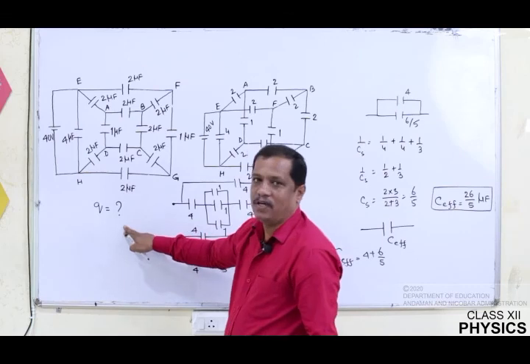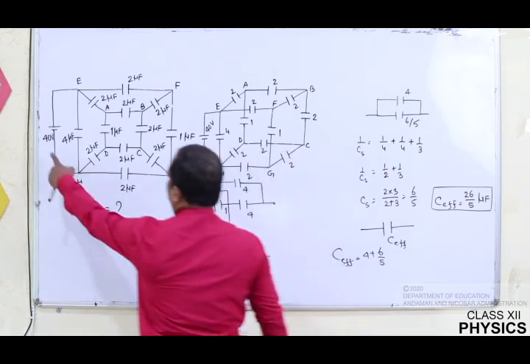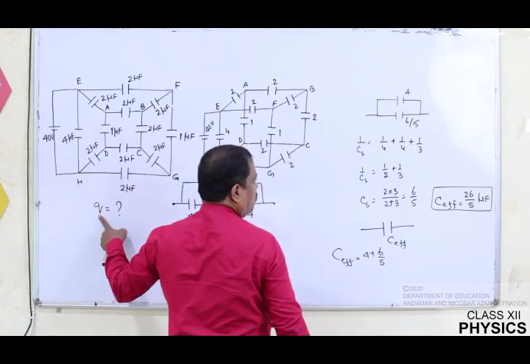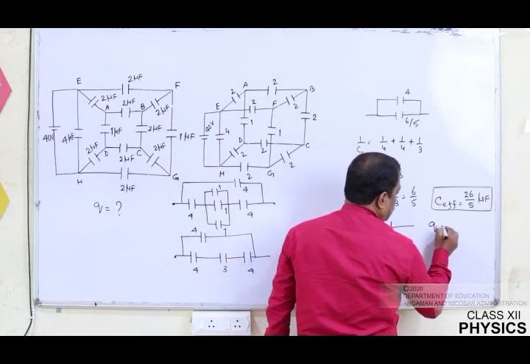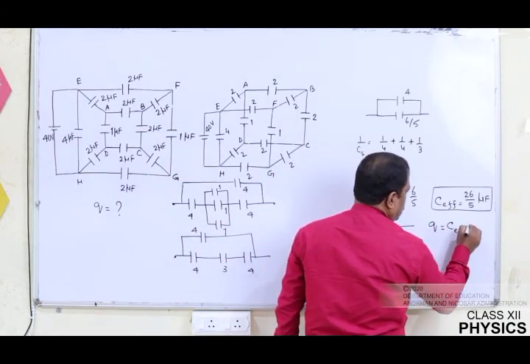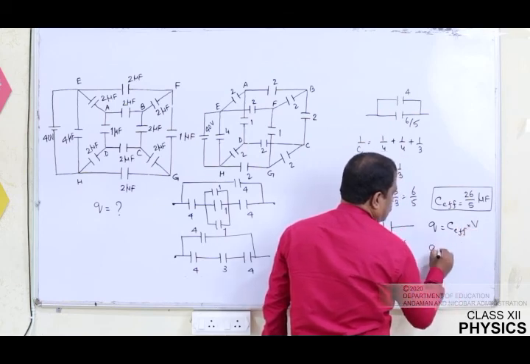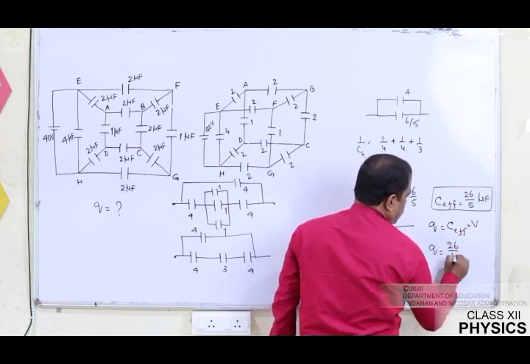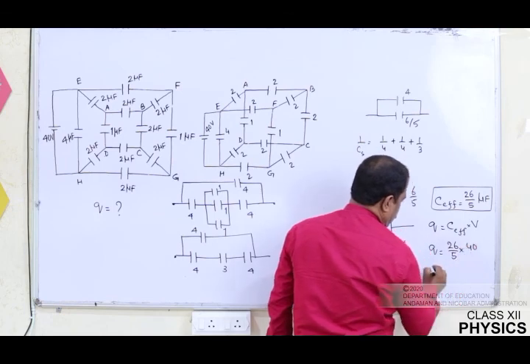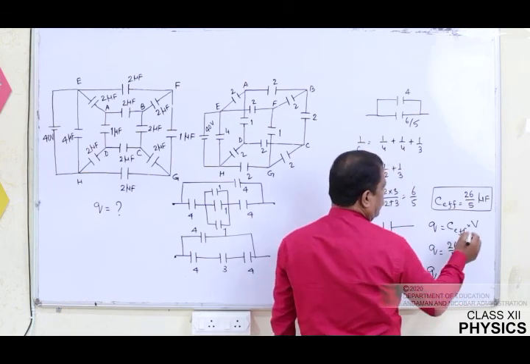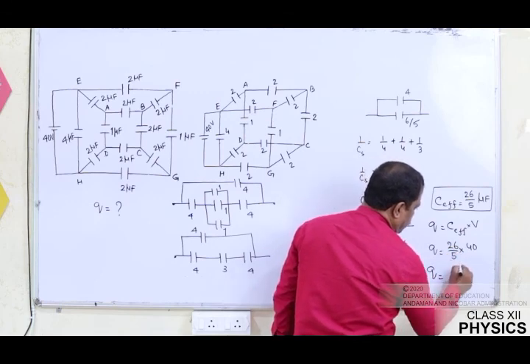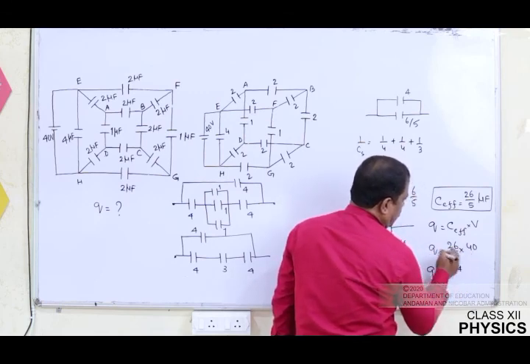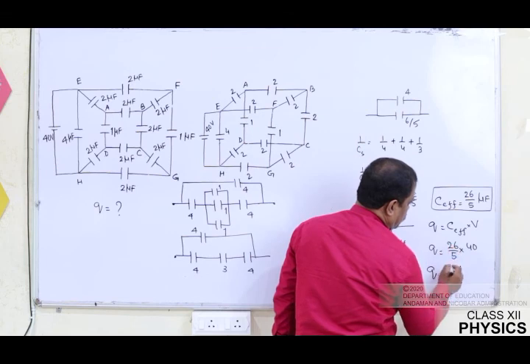However, I want to calculate what is charge. So I know, see, V is given, Q I have to calculate, C effective I know. So the relation Q is equal to C effective into V. So Q is equal to 26 by 5 into 40, this will be microcoulomb. So 4 6 are 24, 4 2s are 8, plus 2 10.